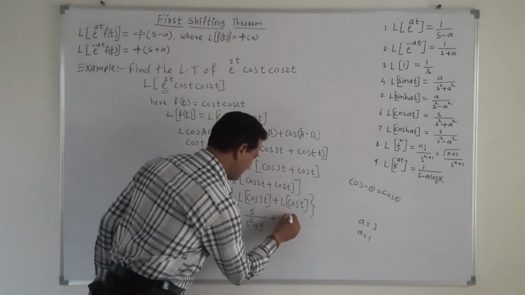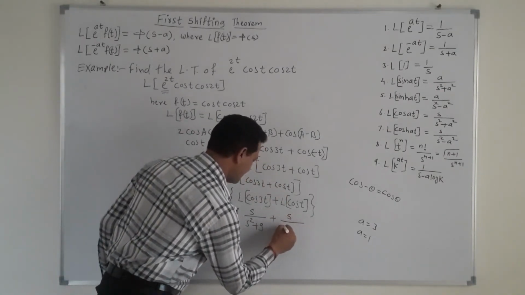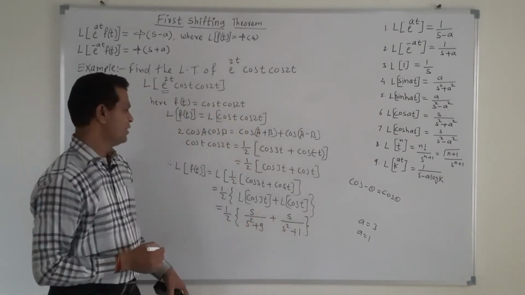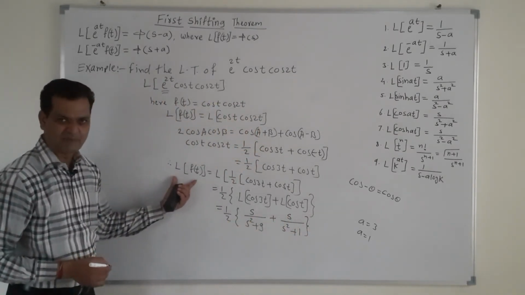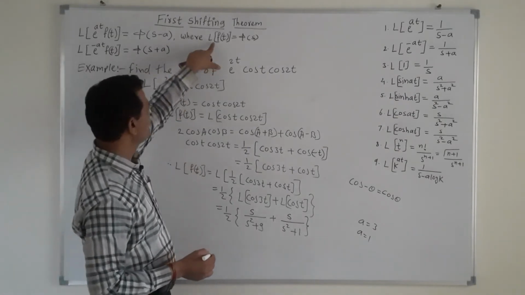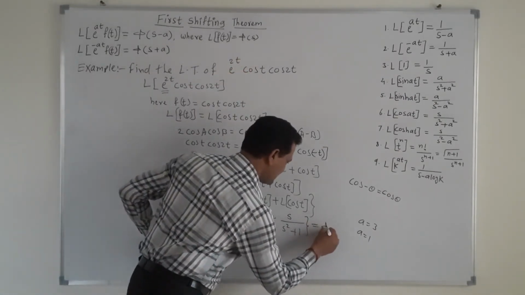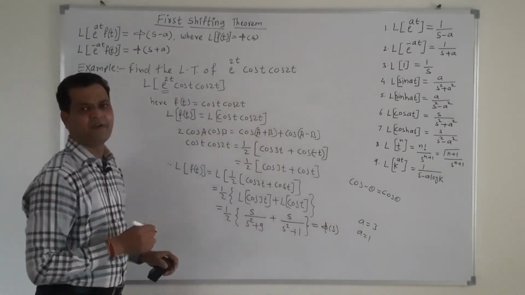So applying the same result, we get s upon s square plus 1 square, which is 1. This is the value of the Laplace transformation of f of t, and according to this theorem, call this value phi of s.